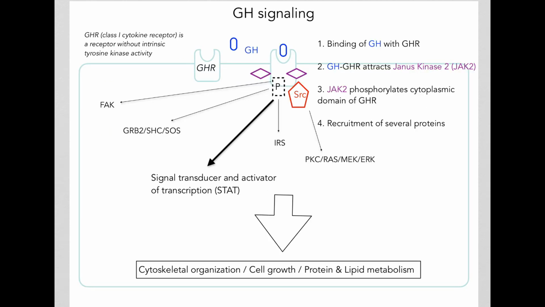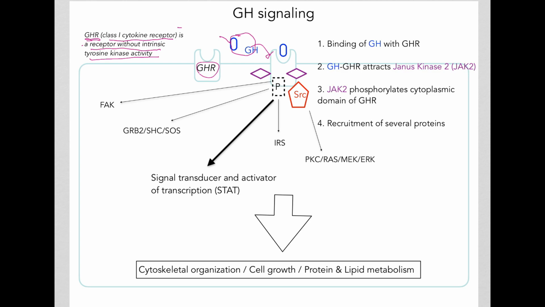A few words about growth hormone signaling. Growth hormone will bind its receptor, GHR. This GHR is a class 1 cytokine receptor. Basically, it's a receptor that does not have intrinsic tyrosine kinase activity.